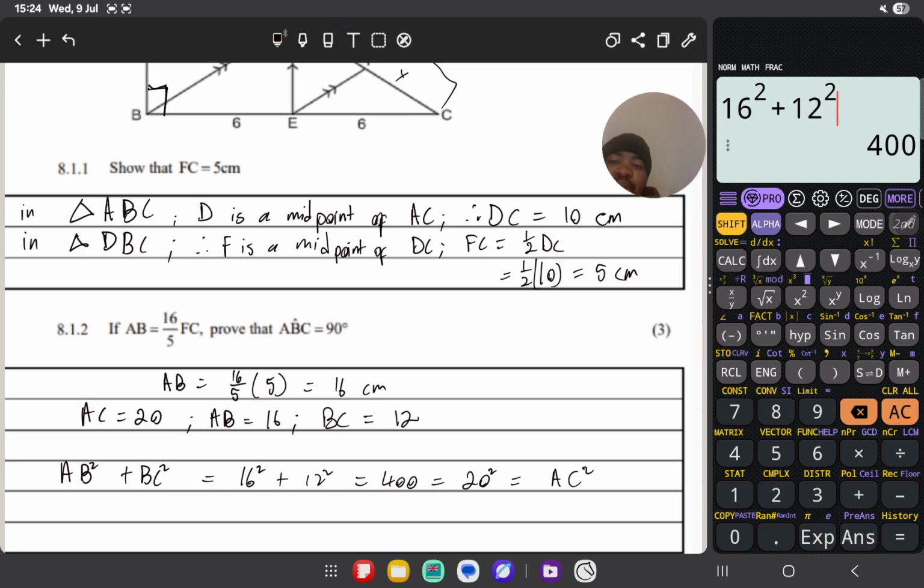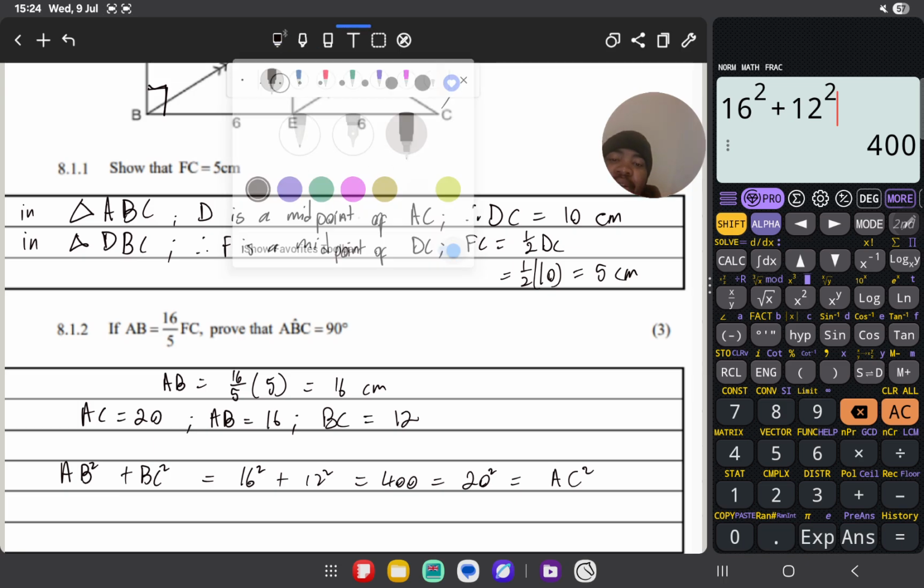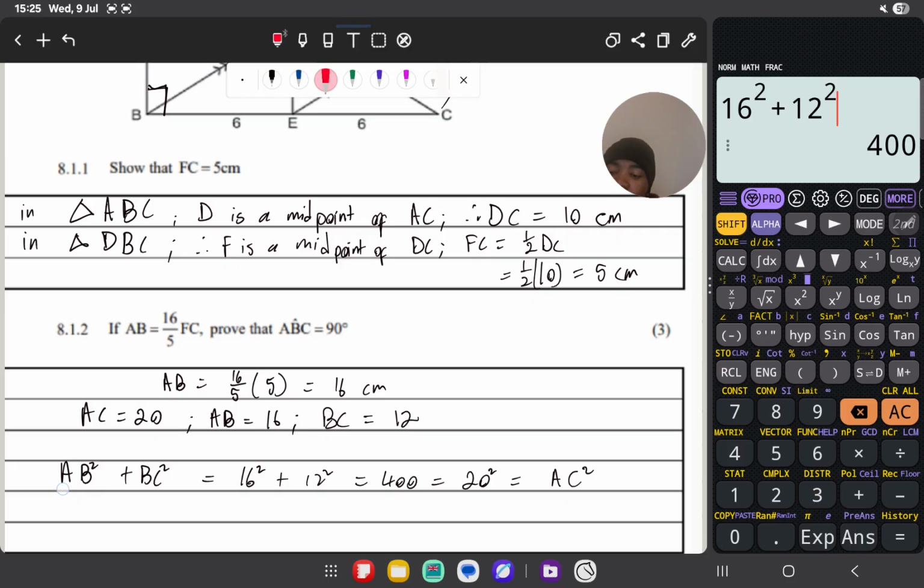So basically, in short, AB squared plus BC squared gives you AC squared. Then you conclude, therefore, ABC is 90 degrees, because of course the theorem of Pythagoras works.